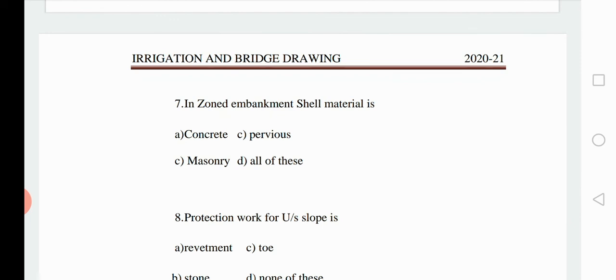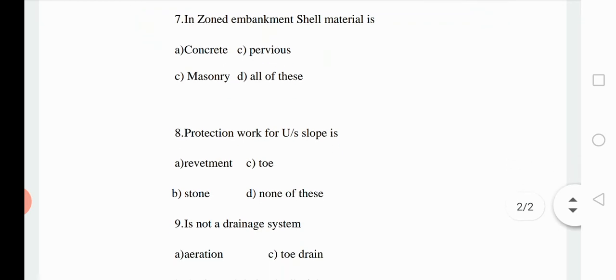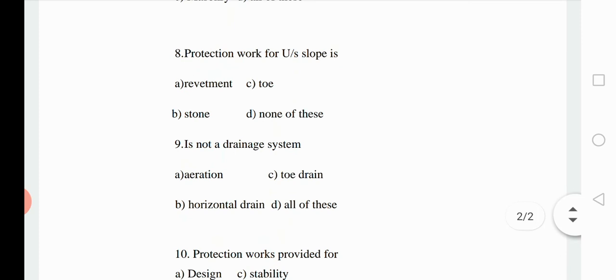The seventh one: in a zoned embankment the shell material is, options are concrete, masonry, pervious, all of these. The correct answer is pervious. Next, protection work for the upstream slope is, options are revetment, stone, toe, none of these. The answer is revetment.